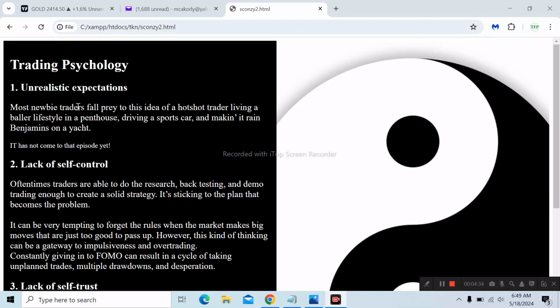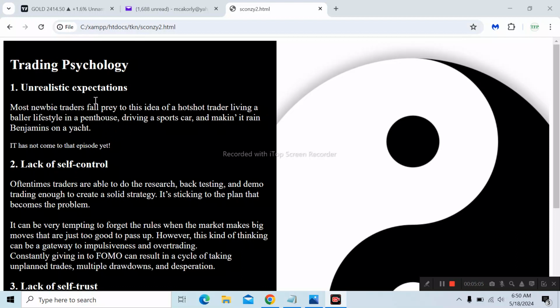Most newbie traders see hot shot traders living a lifestyle in a penthouse, driving fancy cars, making it rain. If you have all these expectations, living the billionaire or millionaire lifestyle, and you are new to this, that is too much of an unrealistic expectation.